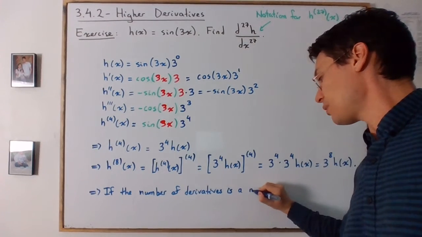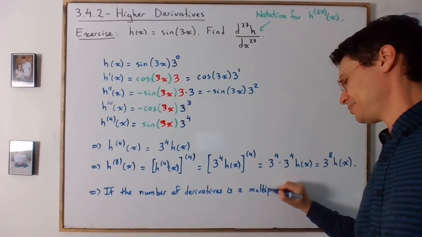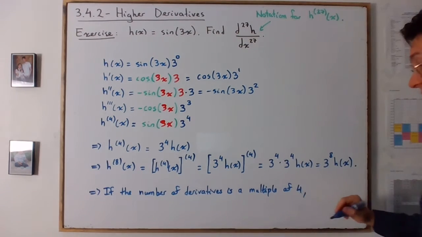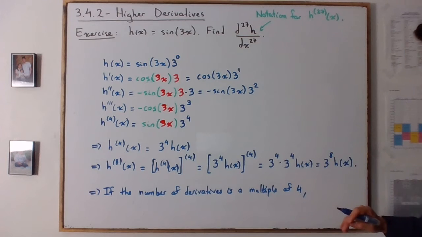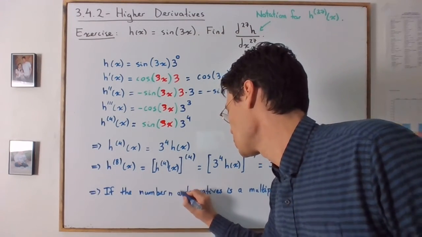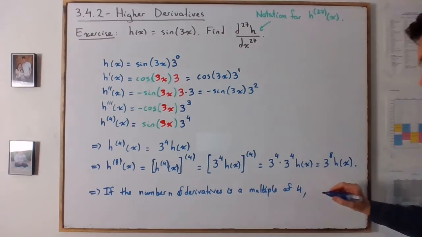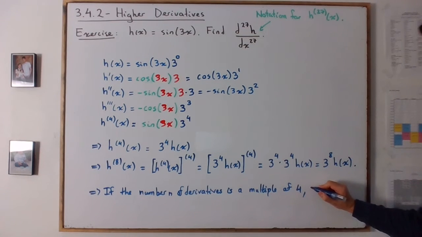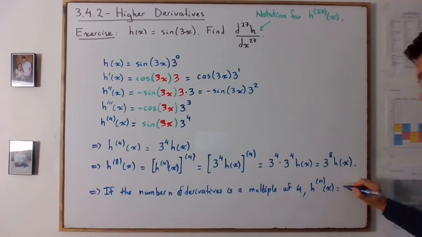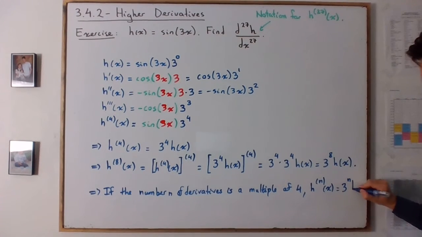If the number n of derivatives is a multiple of 4, then we know that h^n of x will be equal to 3 to the power of n times h of x.